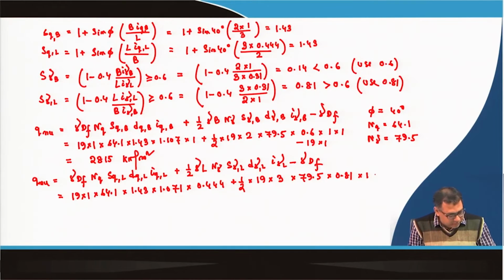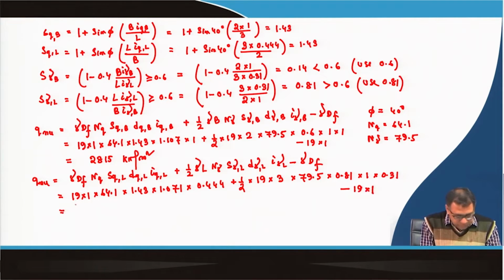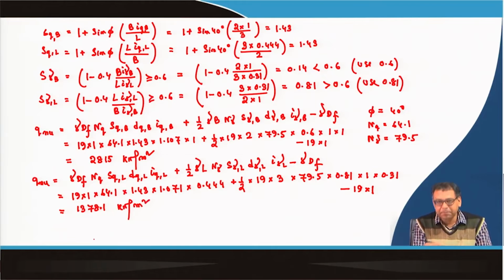So this is 1 into 0.31 minus 19 into 1. So this is coming out to be 1378.1 kilonewton per meter square. So the minimum of these two will give us the Q net ultimate, or ultimate bearing capacity. So Q net ultimate is equal to 1378.1 kilonewton per meter square.